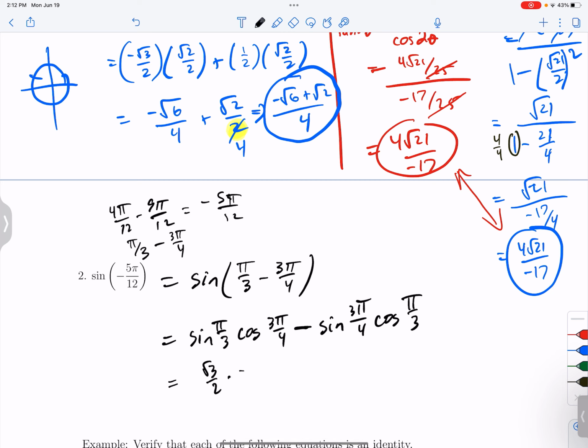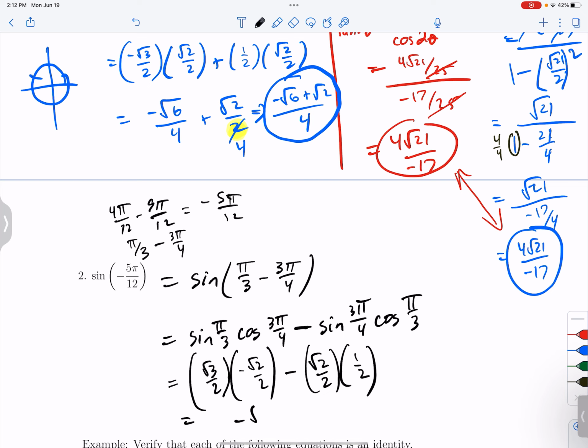Cosine of 3 pi over 4 is negative root 2 over 2. Minus sine of 3 pi over 4 is positive root 2 over 2. Cosine of pi over 3 is 1/2. I'm going to put these in parentheses just so I can keep track of the signs on each fraction. So this is negative root 6 over 4 minus root 2 over 4. Negative root 6 minus root 2 over 4 as our answer.